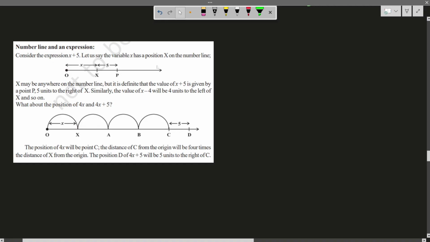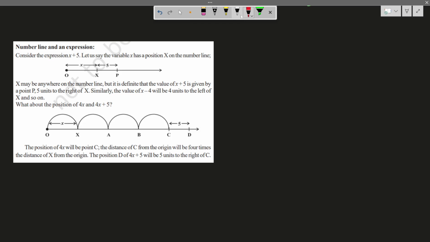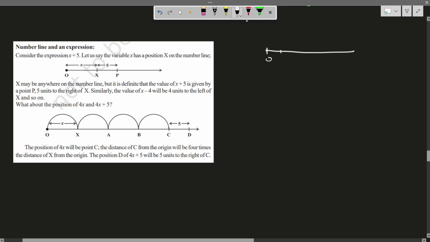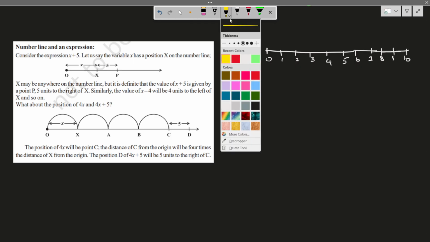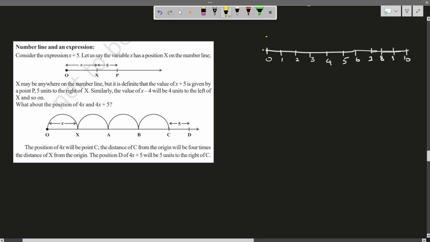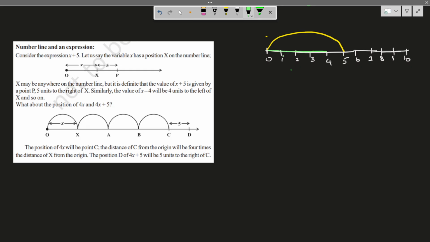We know what the value of 5 is. If I want you to indicate how much 5 is, you can simply take a number line from 0, 1, 2, 3, 4, 5, 6, 7, 8, 9, 10, and mark it with the help of a scale from 0 to 5.